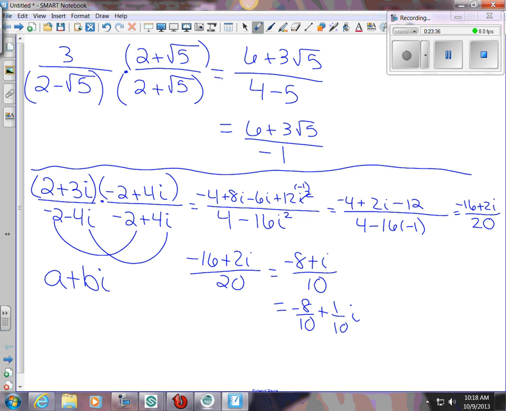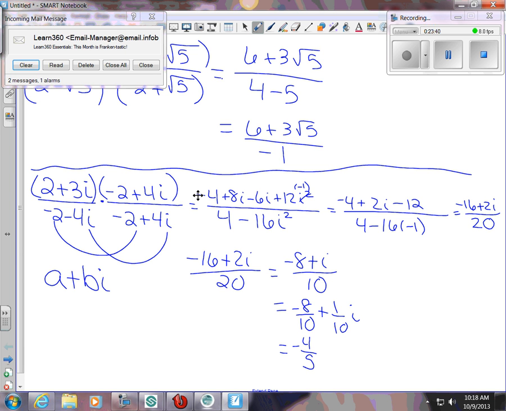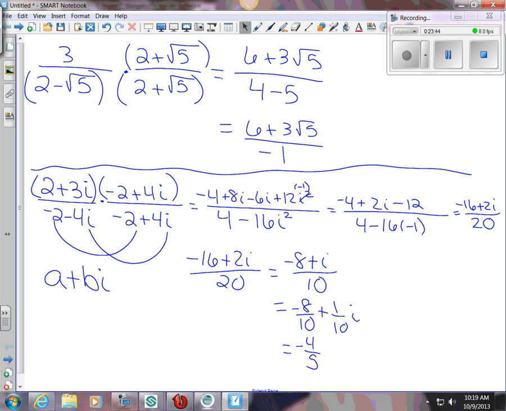Yes, so your calculator tells you negative 4/5 because 8/10 reduces to 4/5 plus... Now is it in a plus bi form? Yes. Your calculator gives you this when you pop this in your calculator.